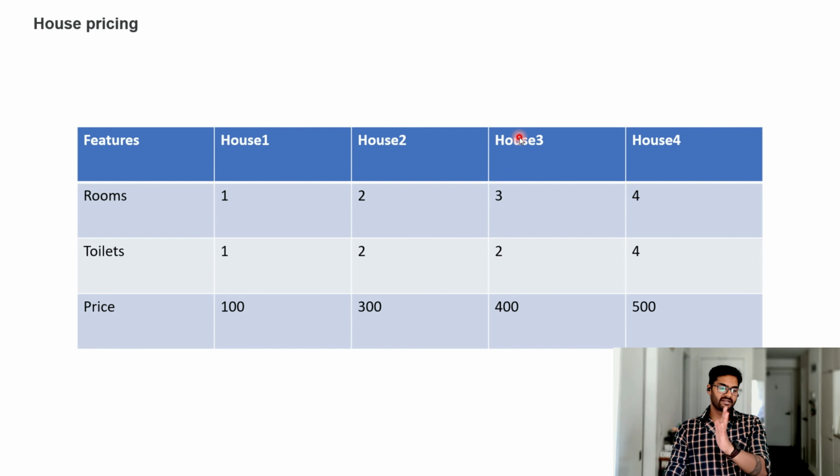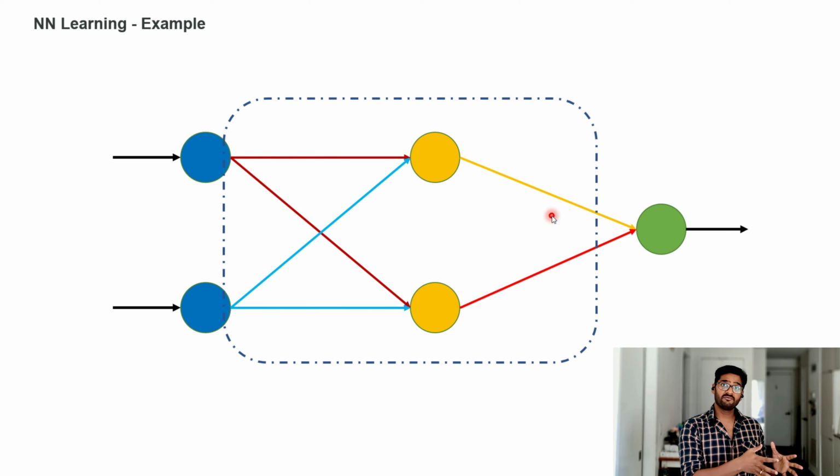Similarly, we have different data, and what we want to do is give our artificial intelligence 2 inputs, one for rooms and one for toilets. At the end, we want only one output where it predicts the price of that house. In between, there are hidden neurons which will do their calculation based on the weights and biases. We're going to look into that just now.